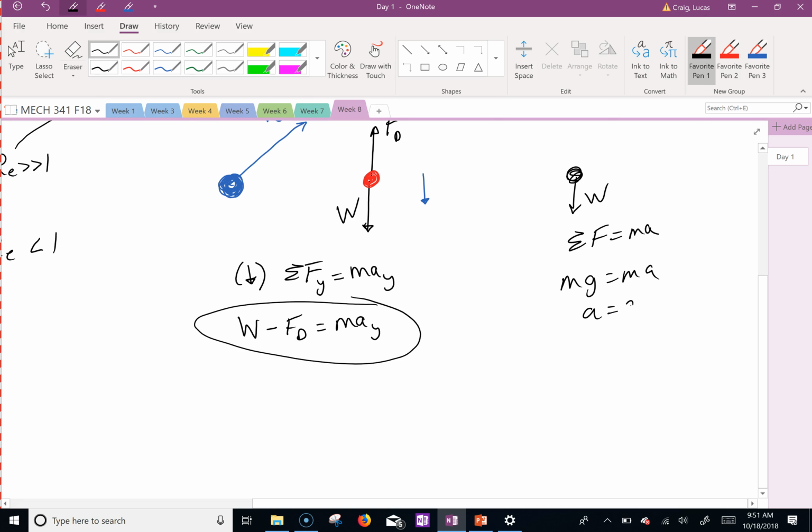What is the acceleration? Gravity. This is what you've always been taught, but it's technically not right because you have a drag force in there that we always neglect. These actually give you pretty close numbers. If you've done experiments, they're pretty close. That's why we teach you that. This is the more correct one.